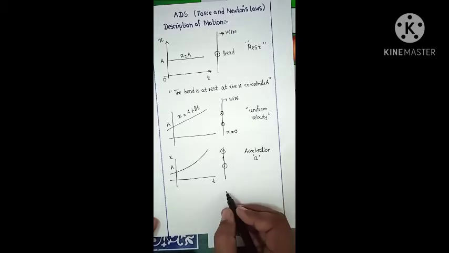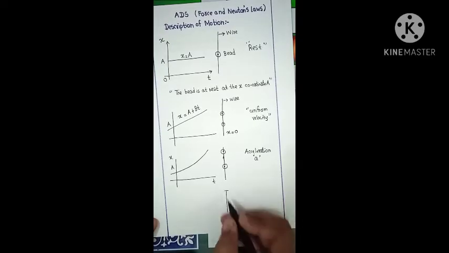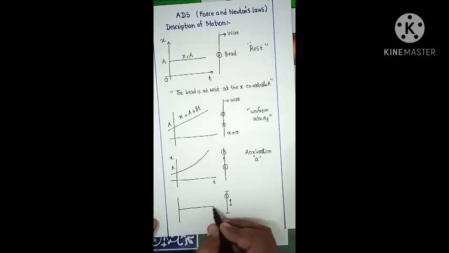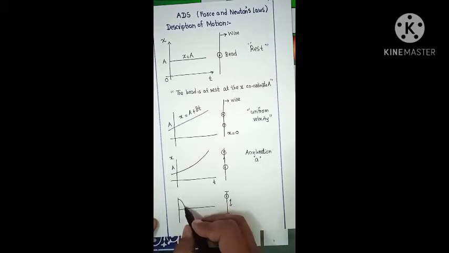Now lastly, if a bead oscillates between 2 points, meaning up and down motion, its graphical representation will be like that.